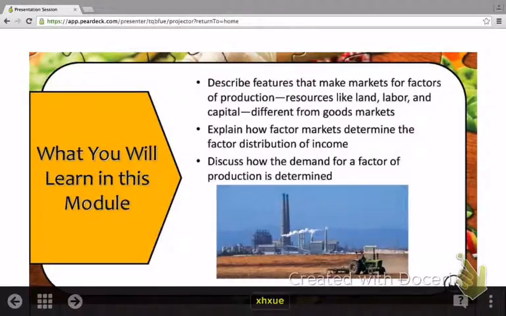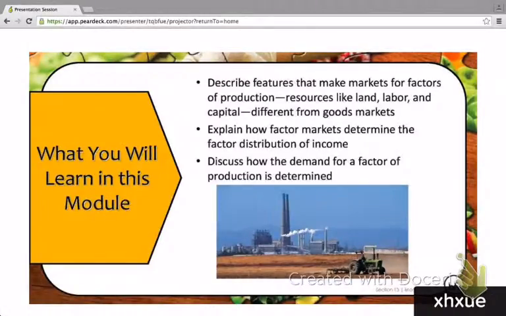So in this first module, which is an introduction to factor demand, I am going to describe the features that make the markets for factors of production, the inputs, resources like land, labor, and capital, different from the markets for goods and services, which were exchanged in the product market.